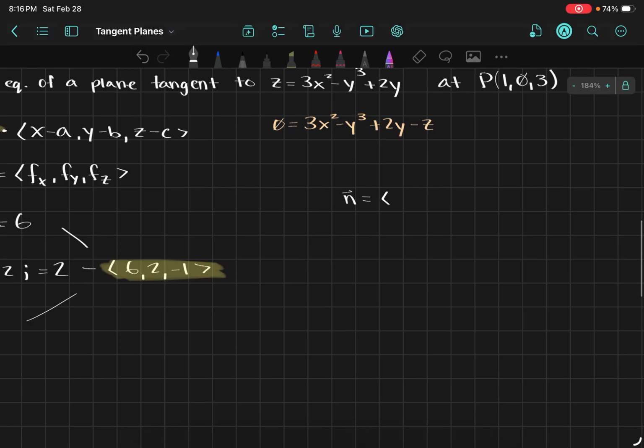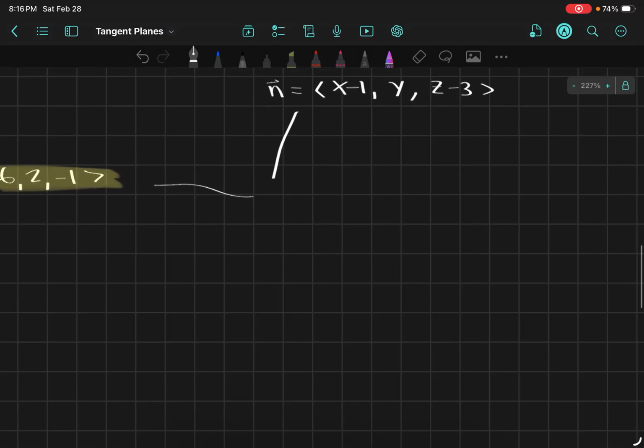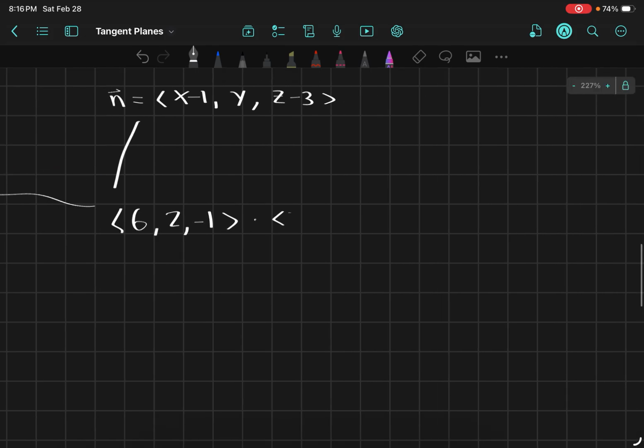That's going to be x minus a, our a being 1, so we have (x minus 1, y minus 0, z minus 3). Pretty simply, we're just going to take the dot product of these. So our plane equation is going to be (6, 2, negative 1) dot our vector n, (x minus 1, y, z minus 3).